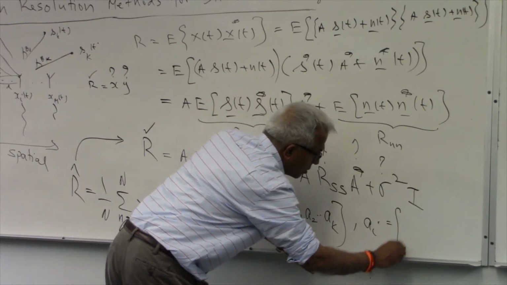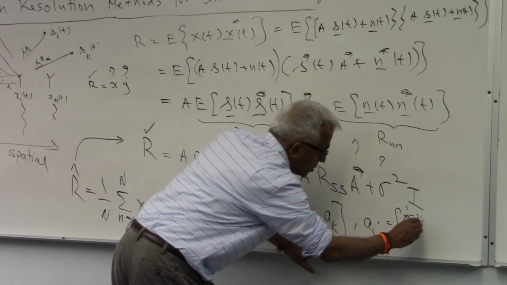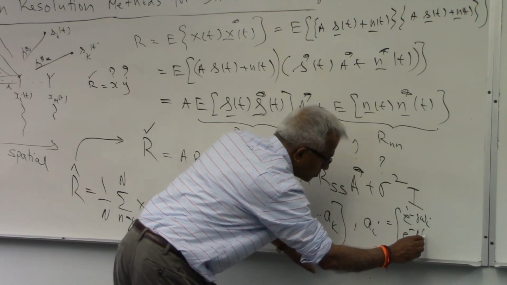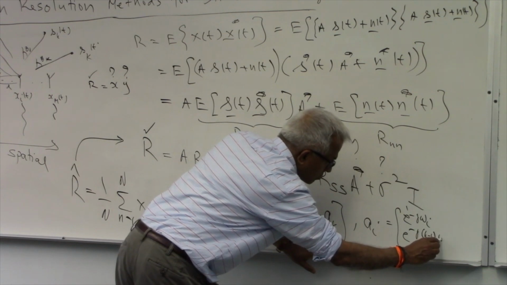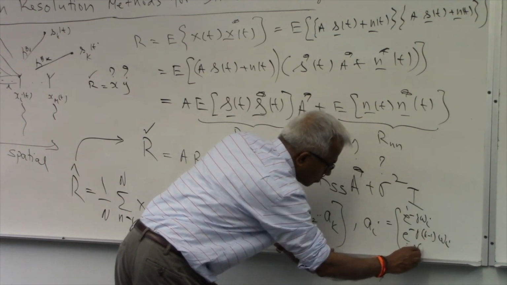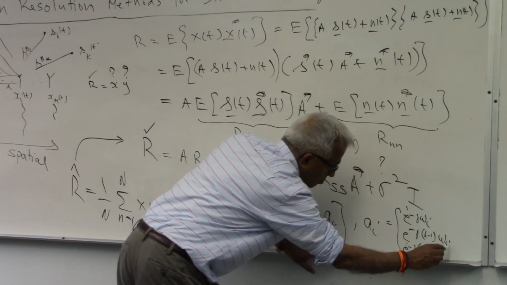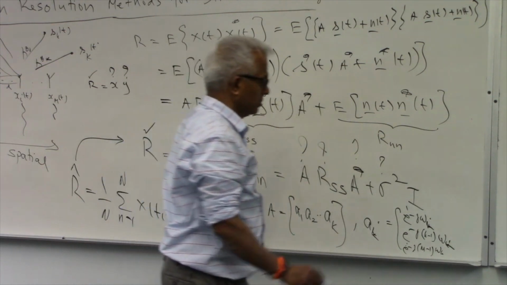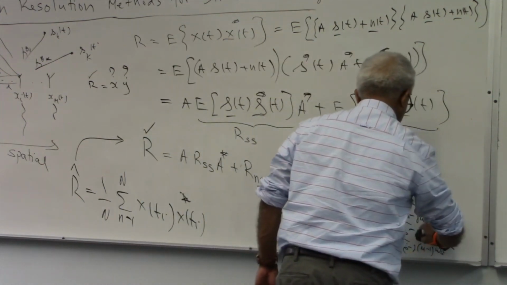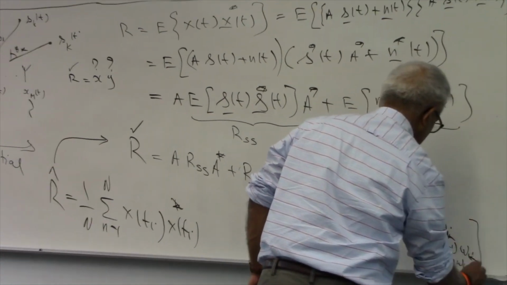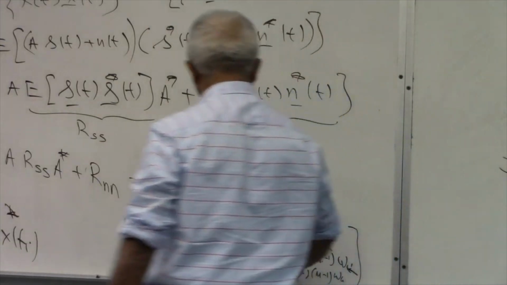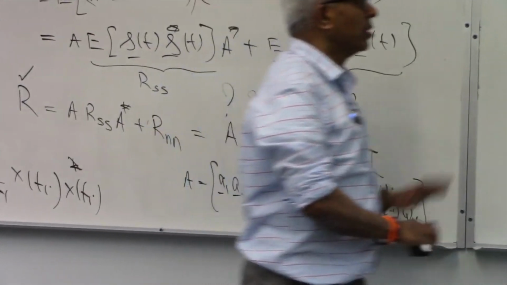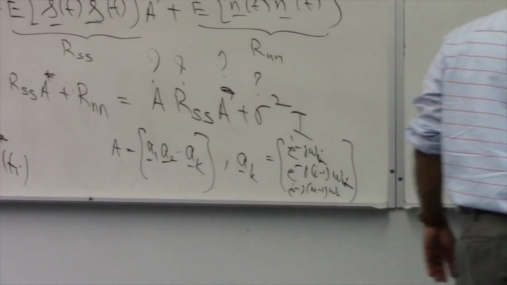Any AI will look like 1, e raised to minus j omega I, and so on. Let's say AK is of this form. Everything on the right side, including capital K, is unknown.